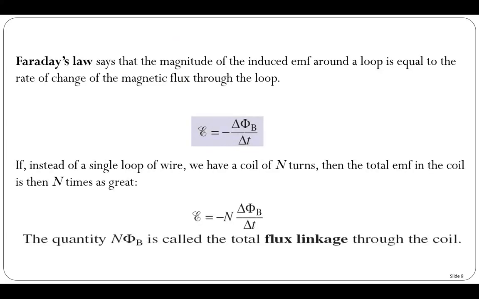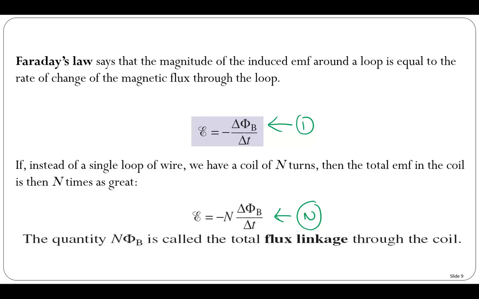So I think we ended with this slide. We might have gone a little bit quicker. What was the difference between this equation and this equation? Okay, the second one accounts for coils, the first one doesn't.